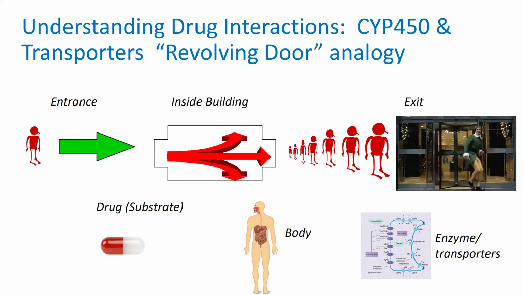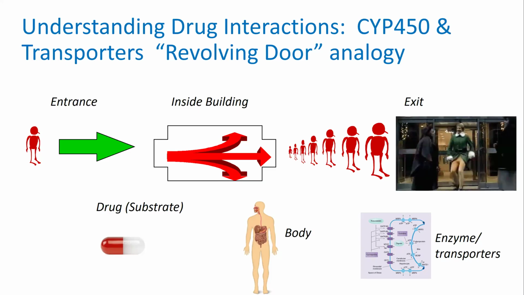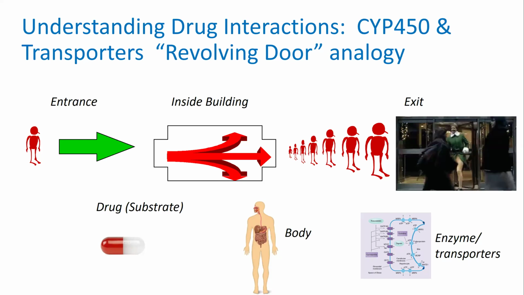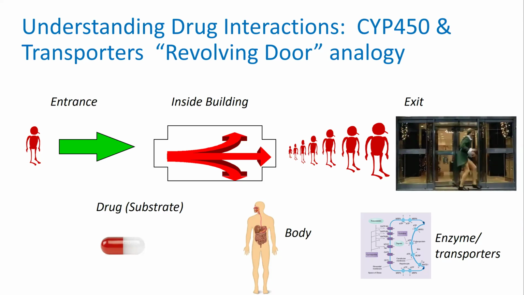So think about a person entering a building, doing their job, and then when they're done, they have to line up and exit through one of those large revolving doors that moves at a fixed pace. In the same way, we think of the drug as a substrate entering the body, and then leaving eventually through the enzyme or transporter pathway.